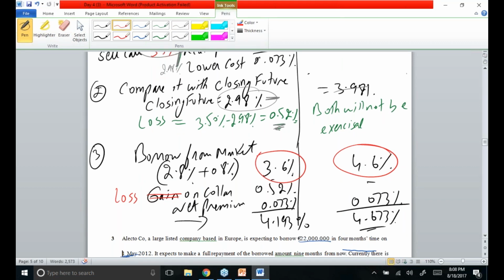You just have to adjust the loss on collar or gain on collar with it, and the net premium with it, and the effective cost is now 4.19 and 4.67. So that's how we have to solve it.